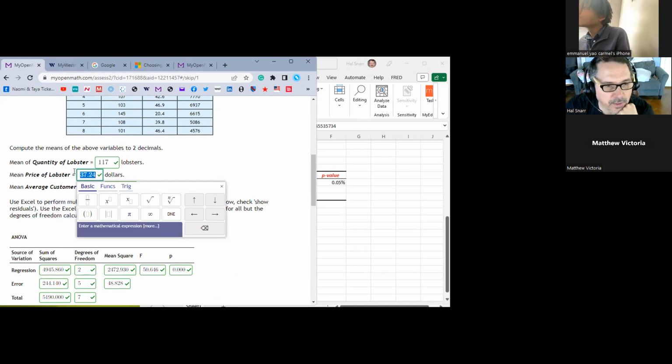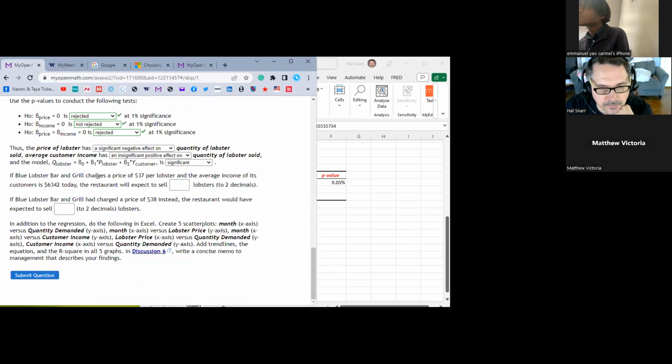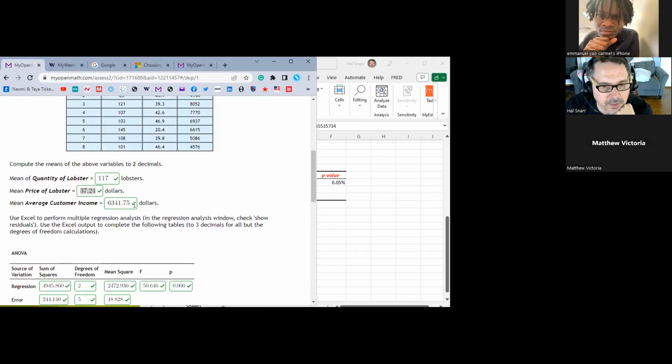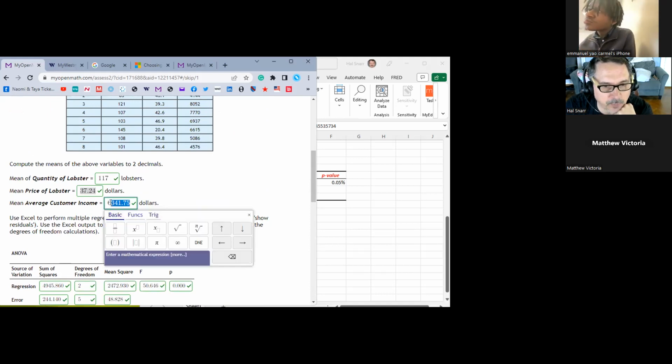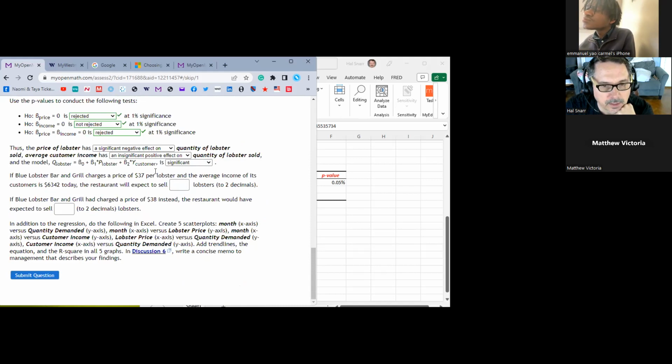The mean price of lobster is 37.24 in my model. My average customer income is $6,342 to 0 decimal places, but to 2 decimal places it's $6,341.75.